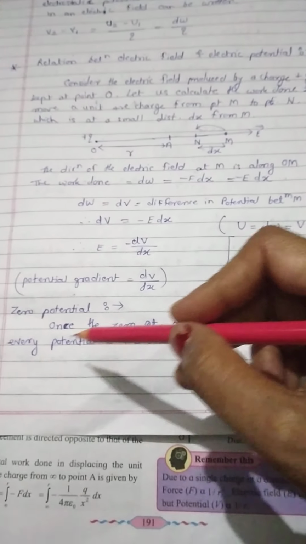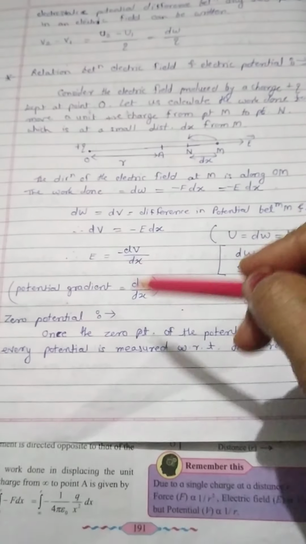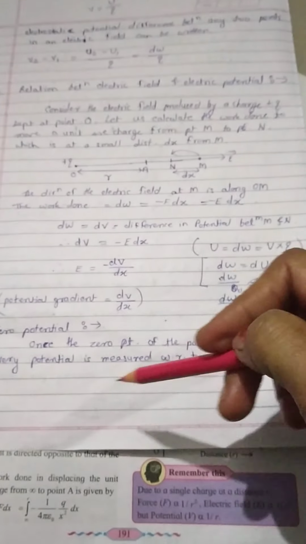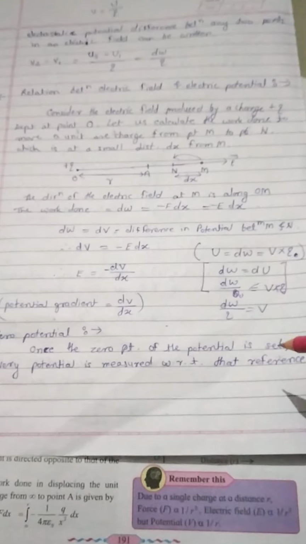Now the next concept is zero potential. What is zero potential? Once the zero point of the potential is set, every potential is measured with respect to that reference.